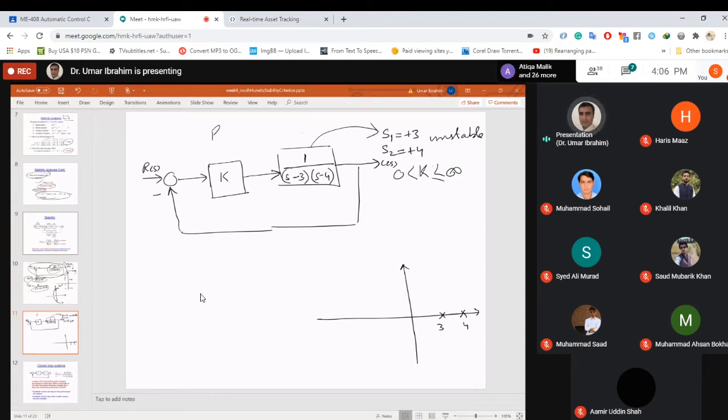If I use a proportional controller, then for values of k greater than 0, these poles will move in this direction. We are talking about the whole system, and then they will move something like this.